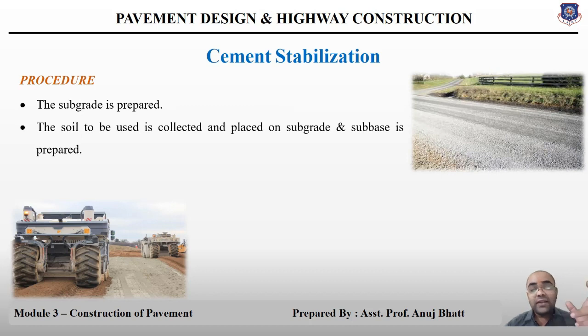Now the soil to be used is collected from nearby borrow pits, then pulverized in a mixing plant, and then placed on the subgrade layer. After placing that, you have to prepare a subbase course.